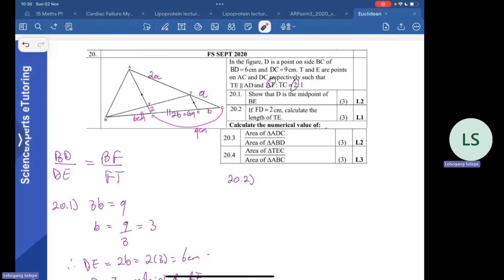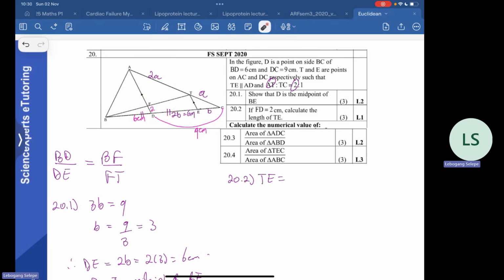They want us to find the value of TE. So TE would be equal to what? Remember, the midpoint theorem says that if this is a midpoint, then this side and that side are equal, and also we have parallel lines here.